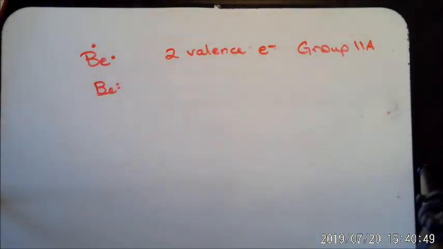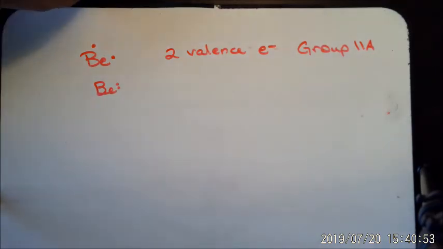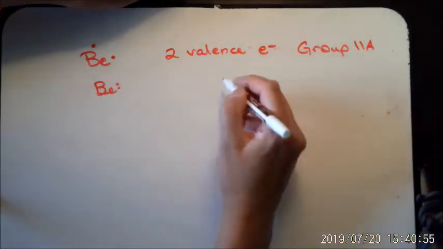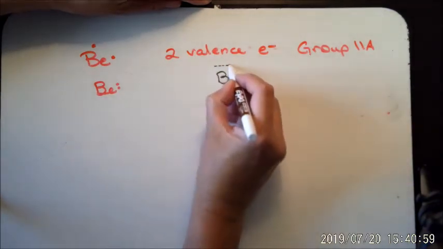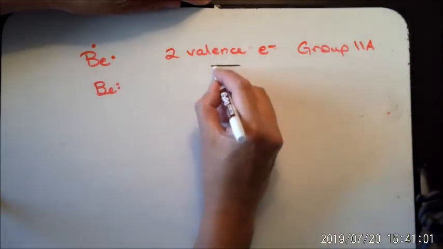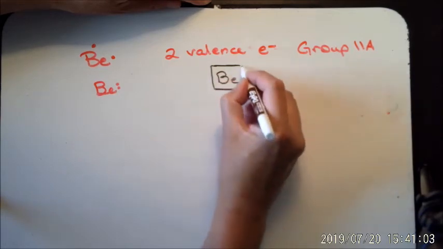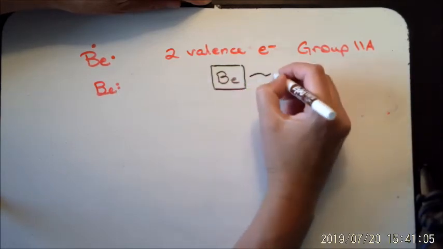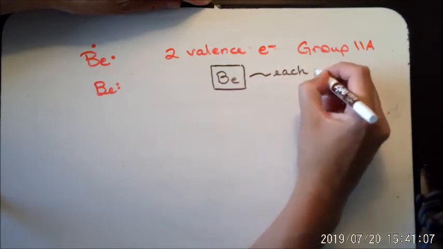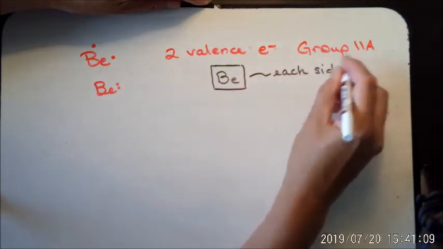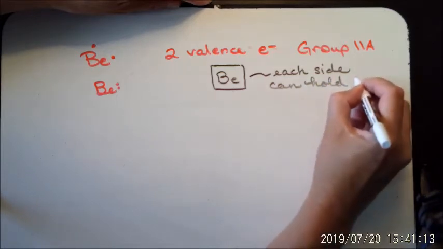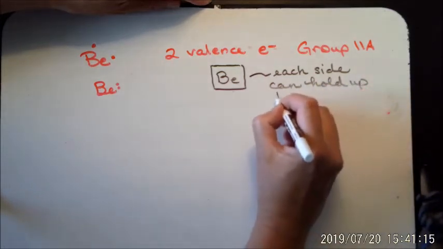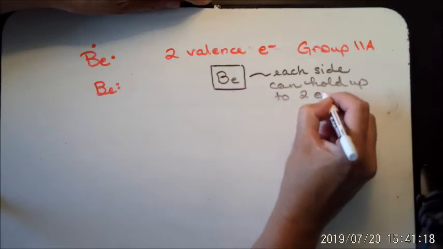Generally, the way we try to draw it is we imagine a square box, and each side can hold up to two electrons.